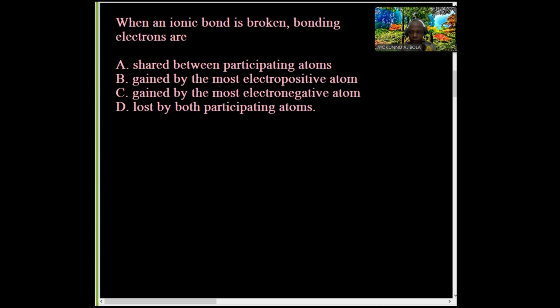When an ionic bond is broken, bonding electrons are shared between participating atoms, gained by the most electropositive atom, gained by the most electronegative atom, lost by both participating atoms.